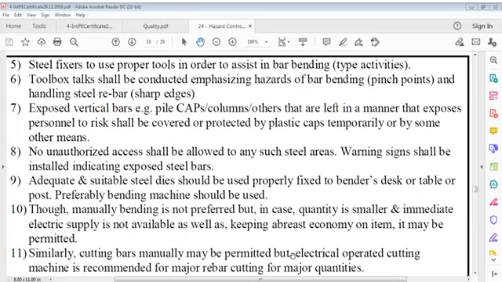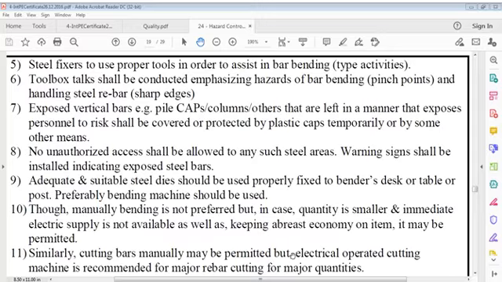Toolbox talks shall be conducted emphasizing hazards of bar bending, pinch points, handling steel rebar, and sharp edges.